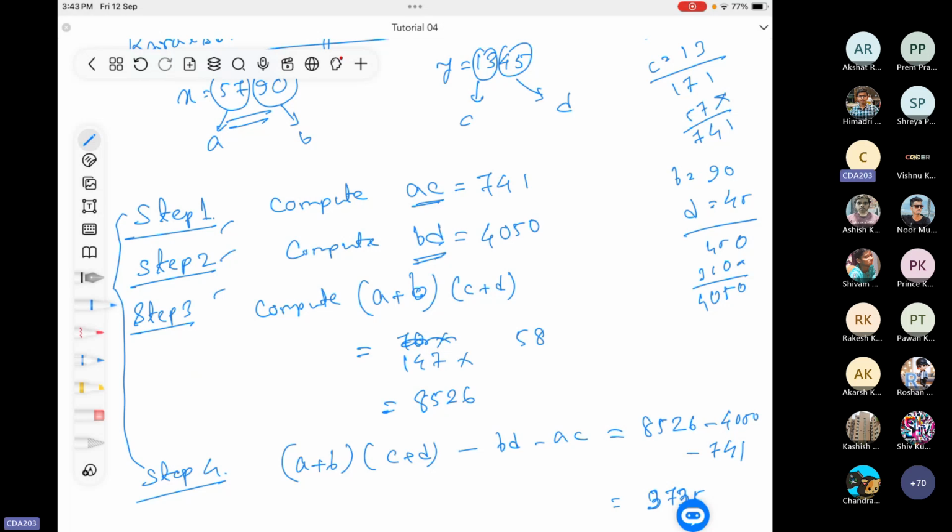Yes, n by 2 means you can take the floor or ceiling value. For example, when n is odd, I've told you that you can divide it into 5 and 6 if it is 11. So this is how you can think about the divisions.